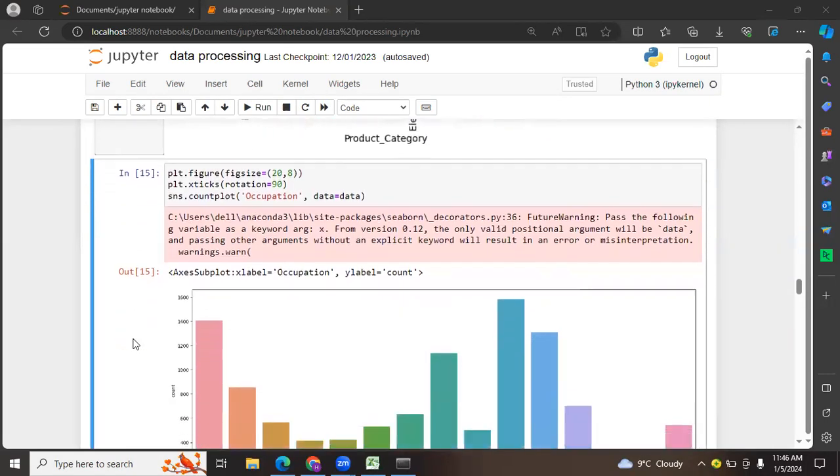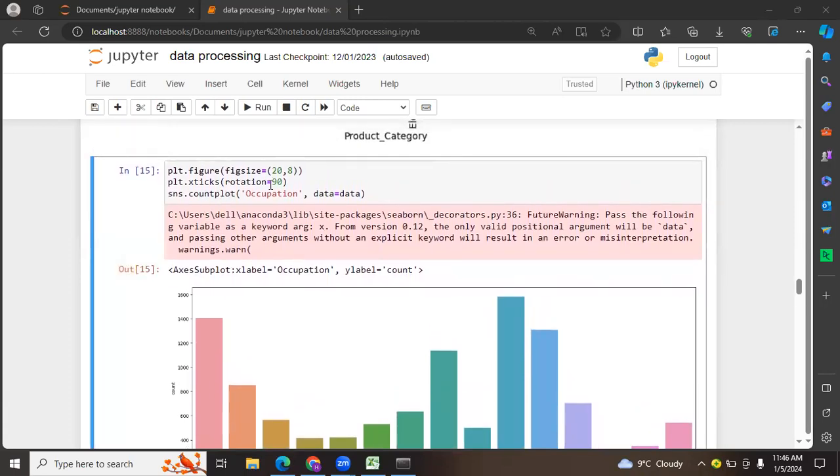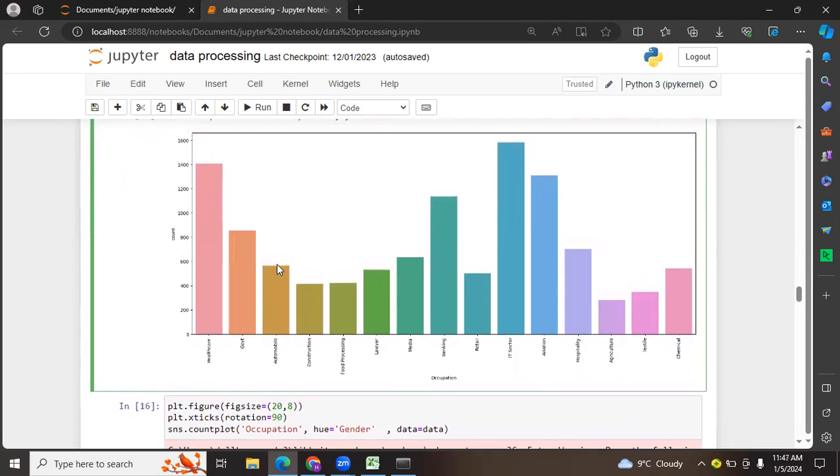The next graph I am having, again changing the figure size and rotating the x-axis, is based on occupation, from which occupation individuals belong. And I am having this graph.